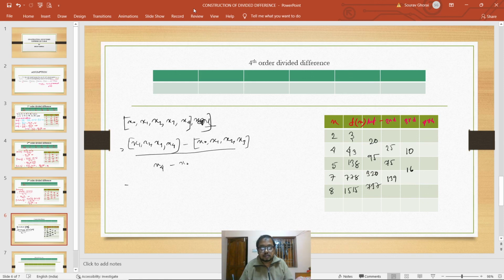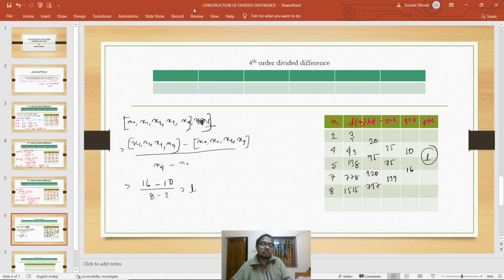The value is 16 minus 10 divided by 8 minus 2. This value is 1. So this is the total difference table, and the fourth order divided difference table contains only one element, and here we have to stop. Also remember one thing: if in any column the differences are the same, then we also have to stop. Suppose here this is 10 and this value, in place of 16, is also 10, then we stop here.